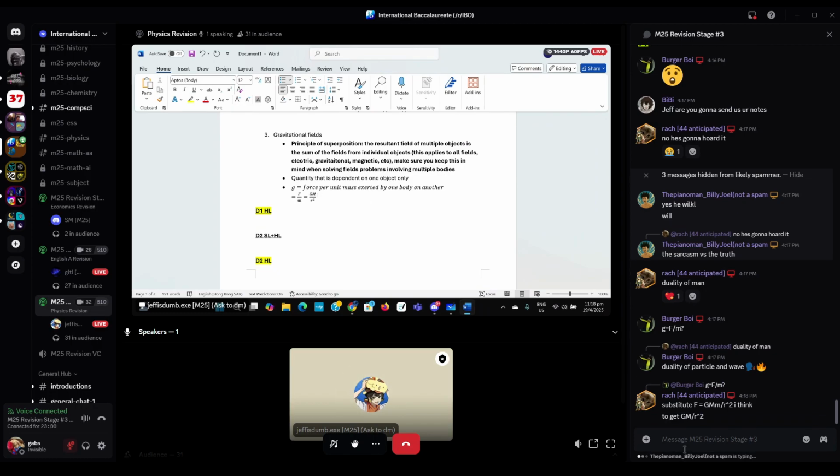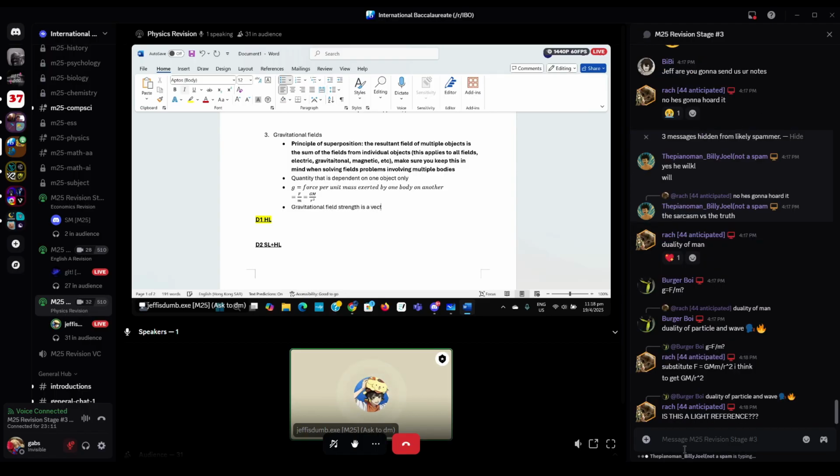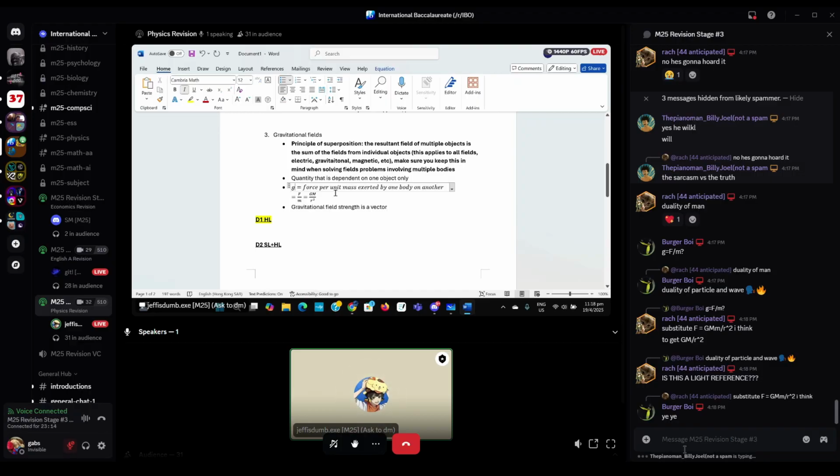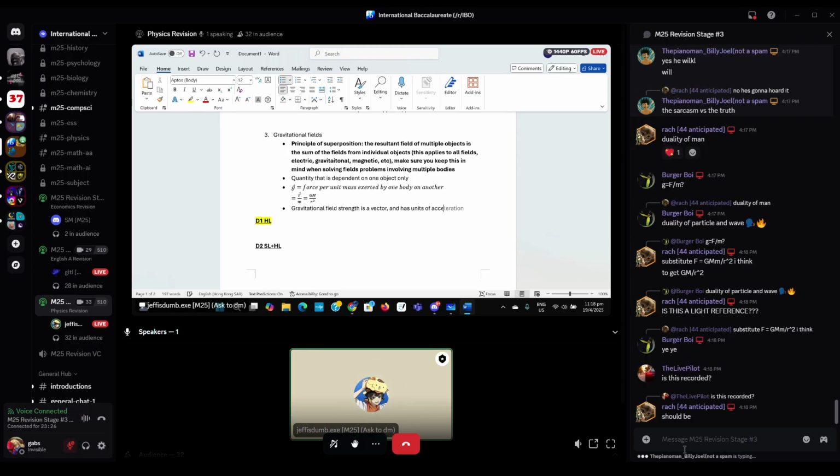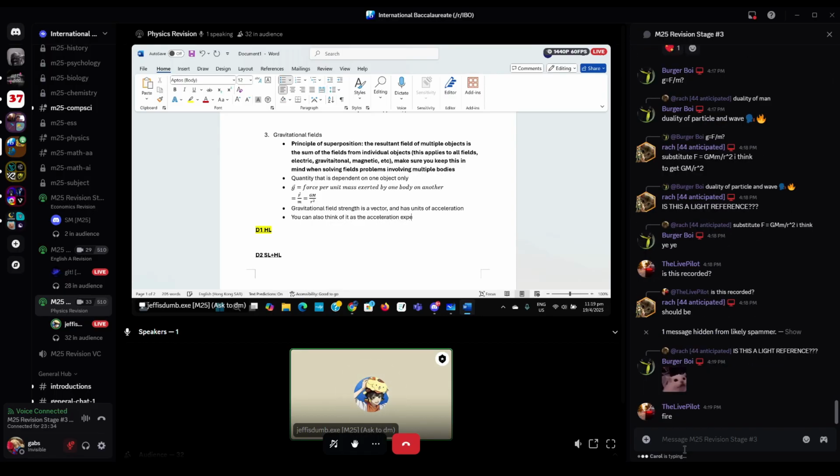Just note that gravitational field strength is a vector, so technically I should have a vector sign here. It has units of acceleration, so you can also think of it as the acceleration experienced by a mass at one point of a gravitational field.